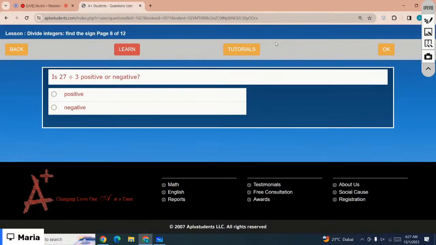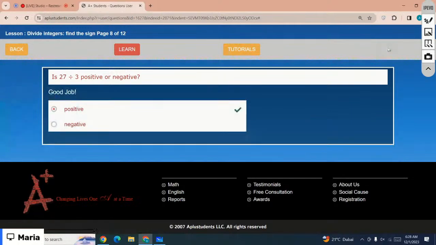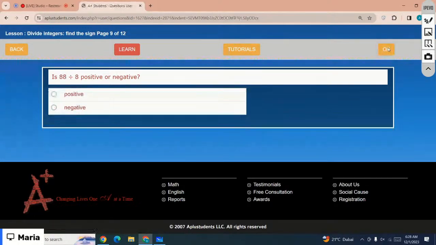The correct option is positive because both the numbers are positive, so the answer must be positive. Is 88 divided by 8 positive or negative?